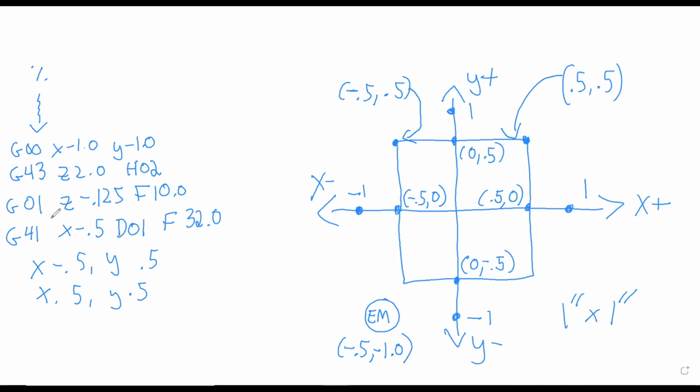And you can see on this line here, G41, that I have a D value. The D value is going to reference in our diameter geometry column of our offsets page what the diameter of the tool is. This way the machine knows how much to compensate in order for us to cut.